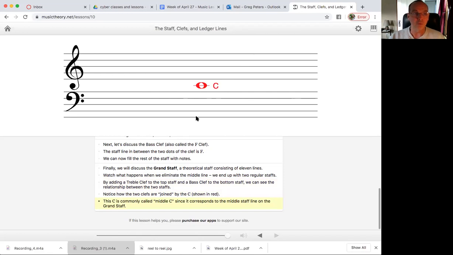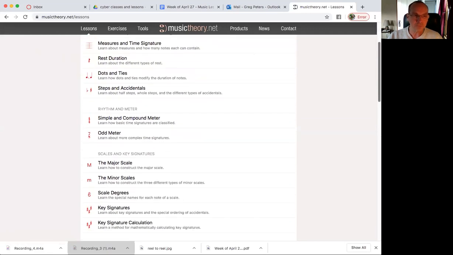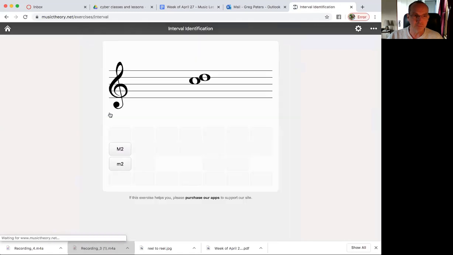So when we then move into the study of seconds and the intervals between notes, right? That's what we were talking about in our last lesson, was intervals. And by the way, we want to then get into major scales, but we were working on interval identification. And so my students were asking, well, how does this work?